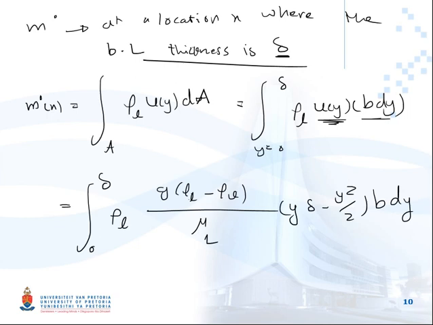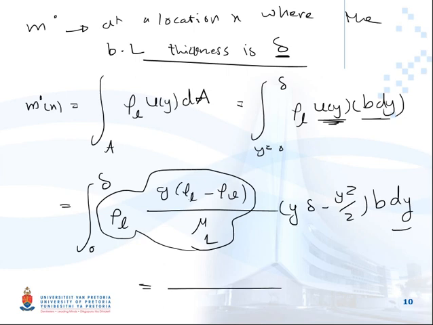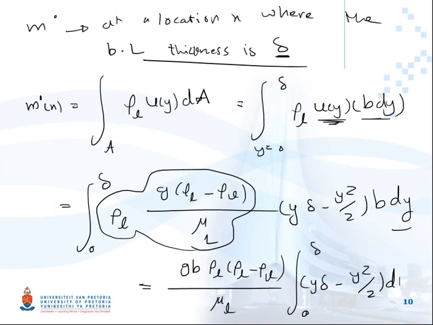All the terms that have no y in them can come out of the integration, so it will be g b rho L (rho L minus rho v) divided by mu L, integral from 0 to delta of (delta y minus y squared over 2) dy.